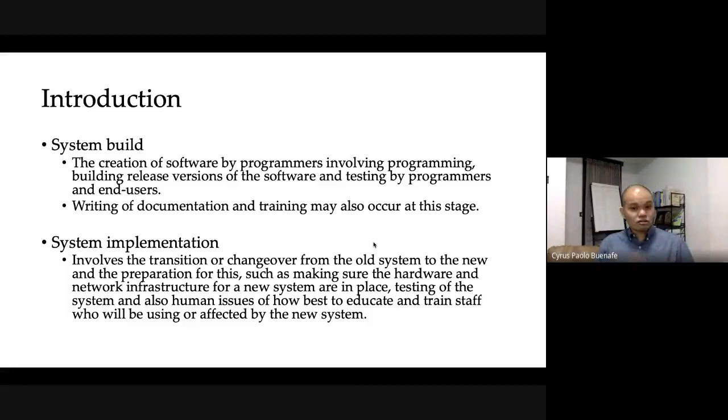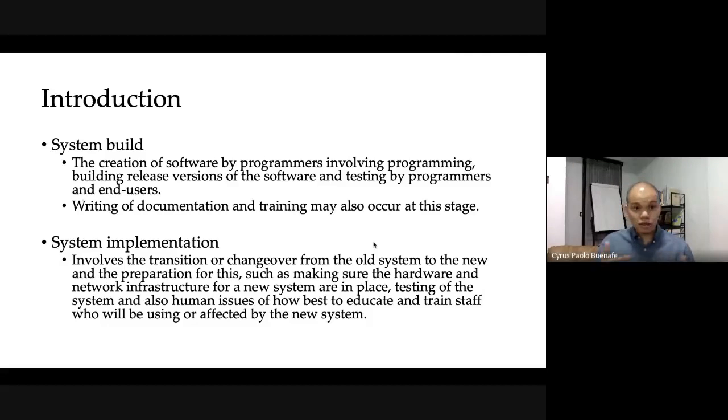Will people really make use of the system, or will it just mothball into something that's not going to be used frequently? And of course, training other people. If you've noticed, what occurs in both build and implementation phases is that you can have testing involved there. You can also have documentation that happens along the way, and even training. So there could be training activities in both the build phase and the implementation phase.